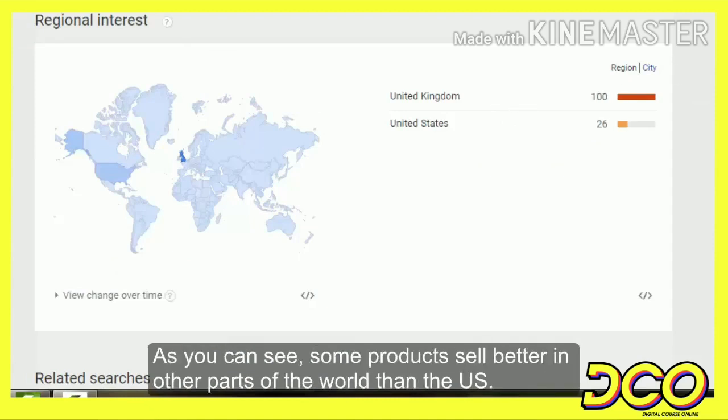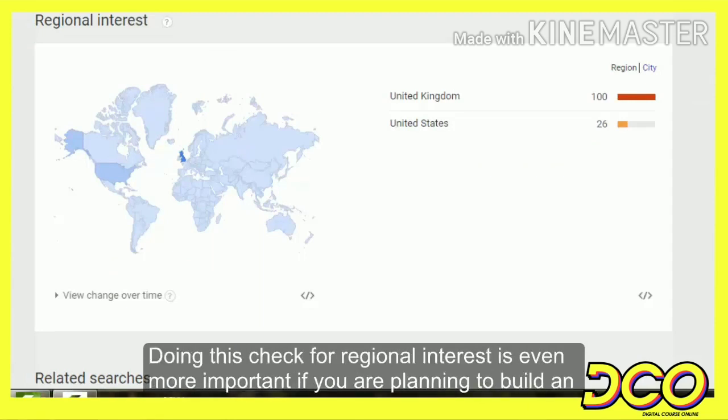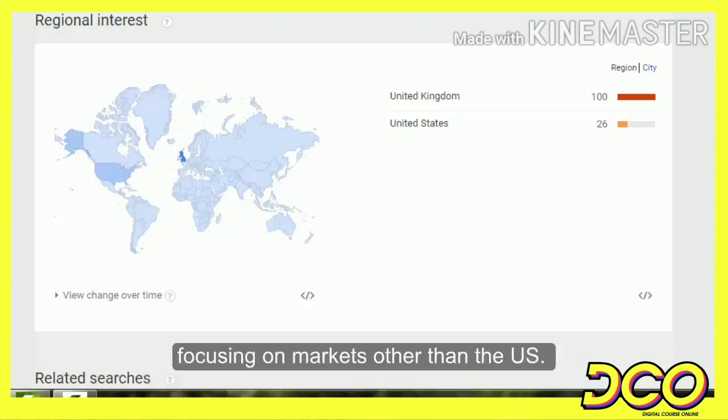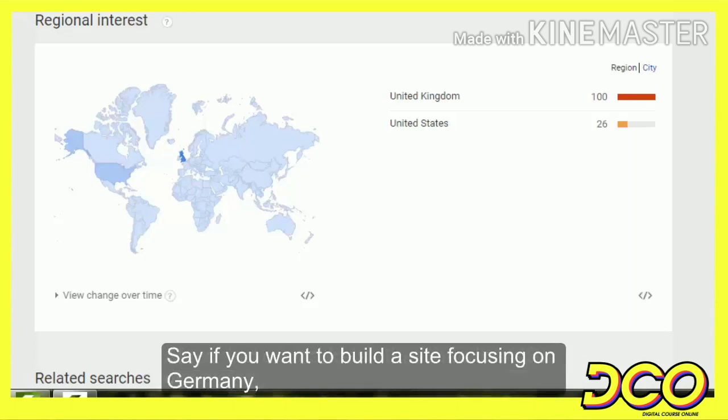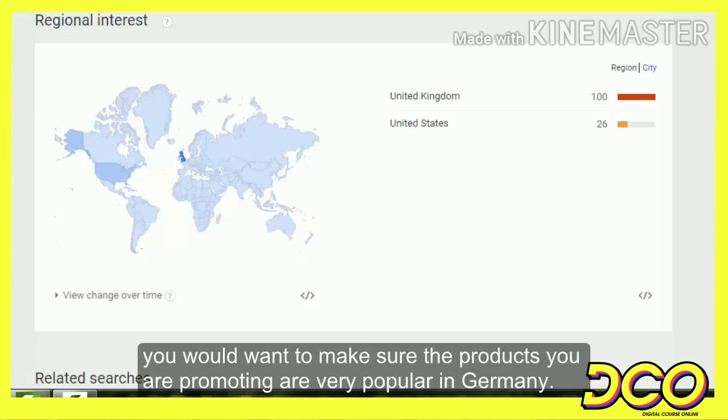As you can see, some products sell better in other parts of the world than the US. Doing this check for regional interest is even more important if you are planning to build an affiliate site focusing on markets other than the US. Say if you want to build a site focusing on Germany, you would want to make sure the products you are promoting are very popular in Germany.